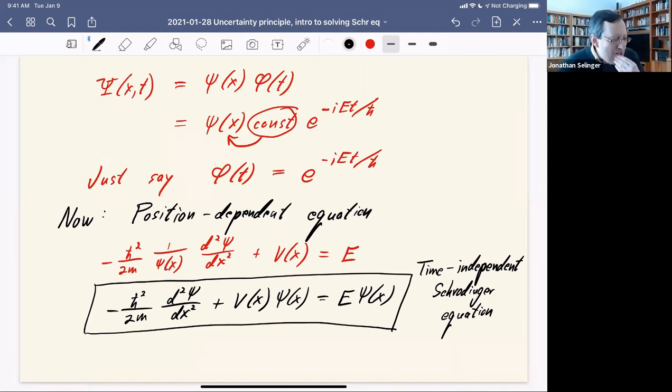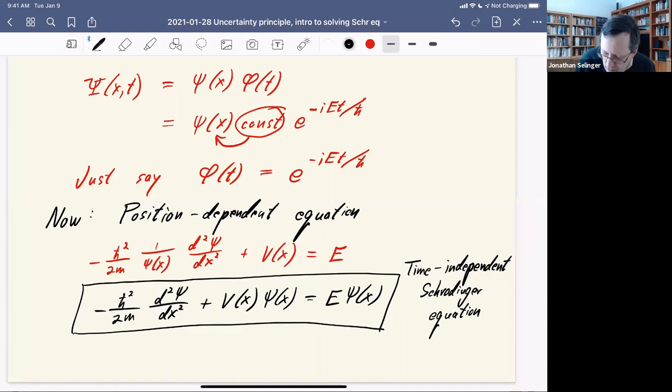All right, so now there's a lot that we can say about interpreting this equation even before we put in some specific V of x potential energy function. Okay, so let's first think about the interpretation of what this means.